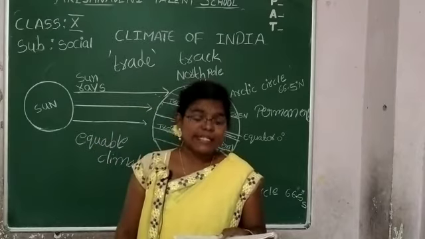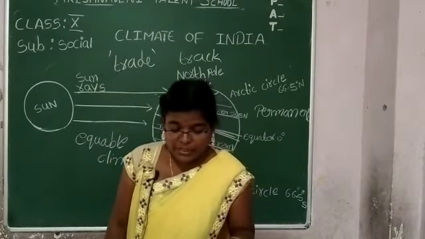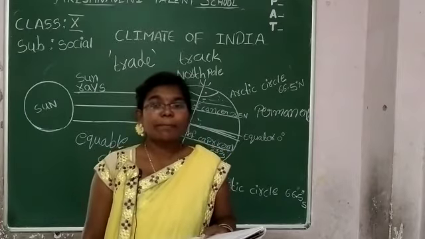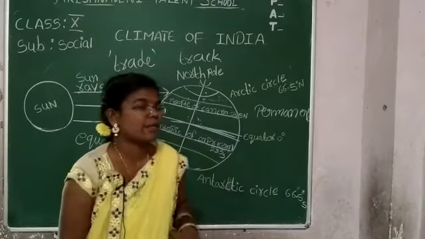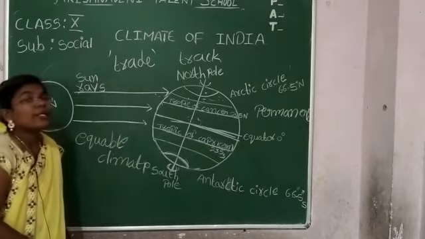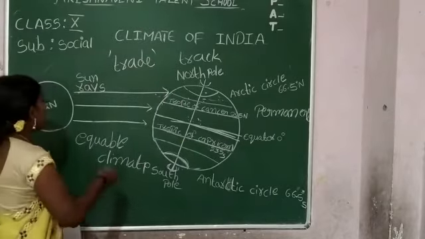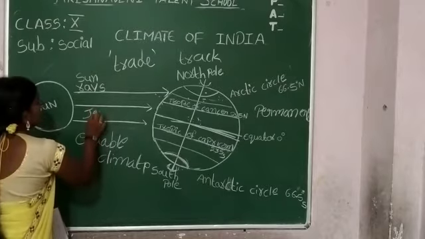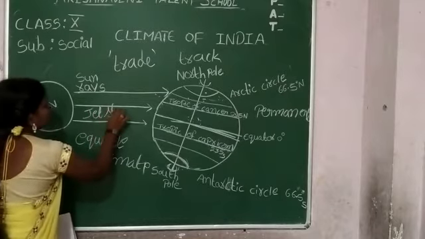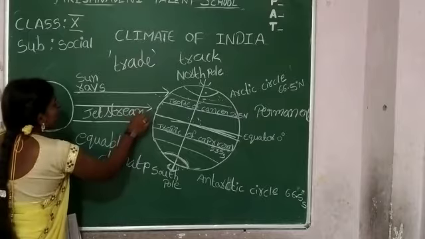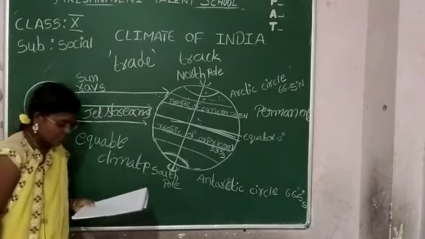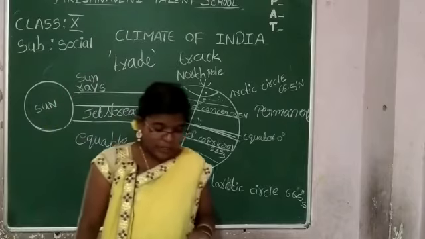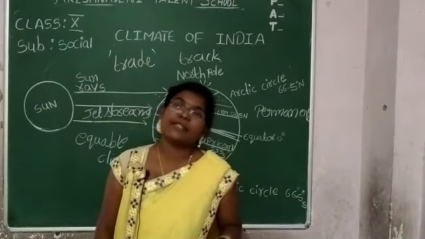The climate of India is also affected by the movement of upper air currents known as jet streams. Fast flowing and narrow air currents are called jet streams.